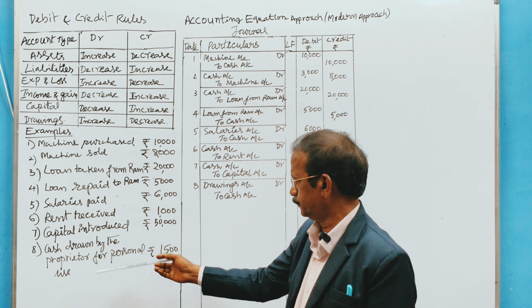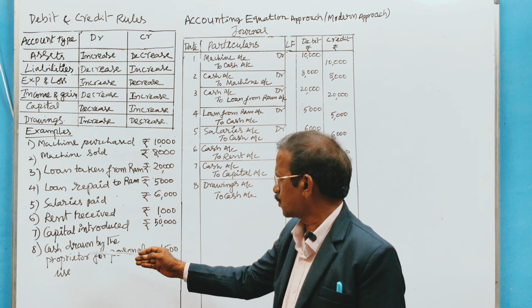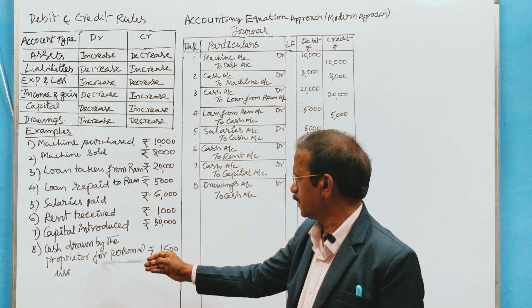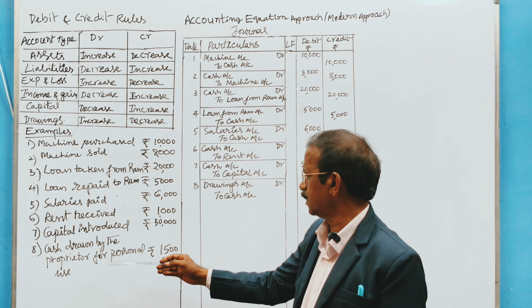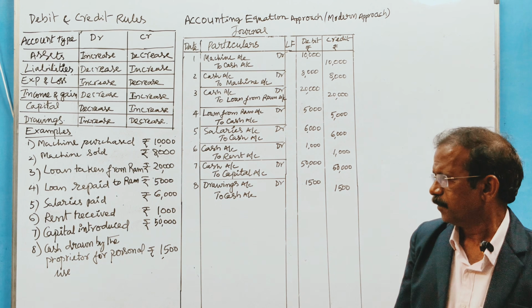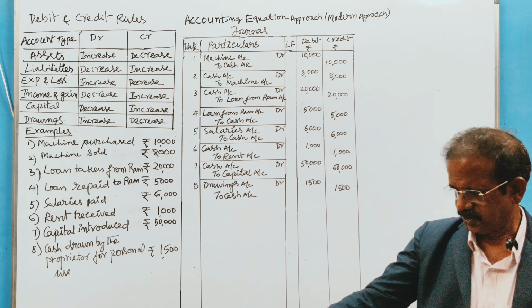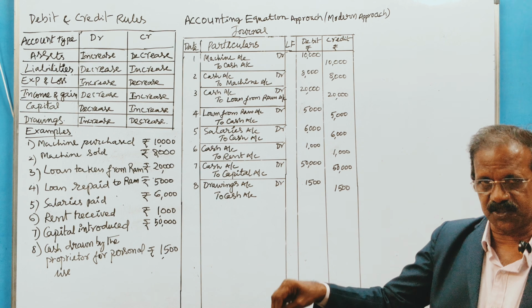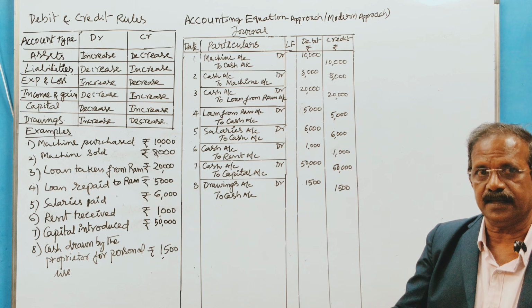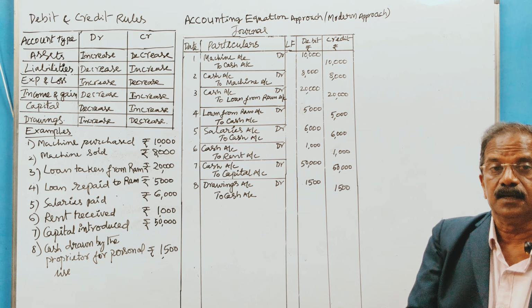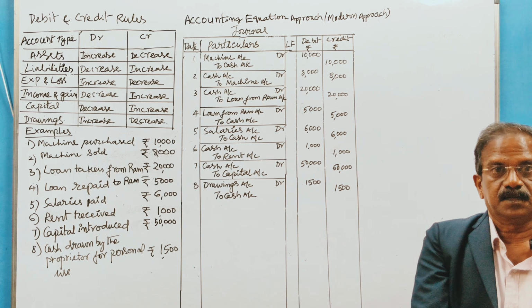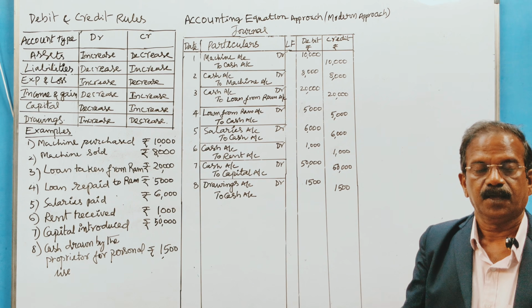And then cash drawn by the proprietor for personal use. Proprietor is taking some cash from the business and he is using that money for his personal purpose, not for business purpose.